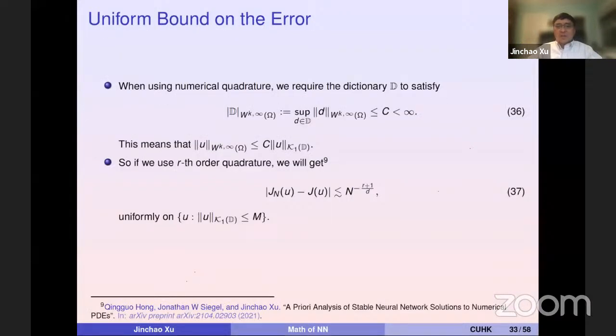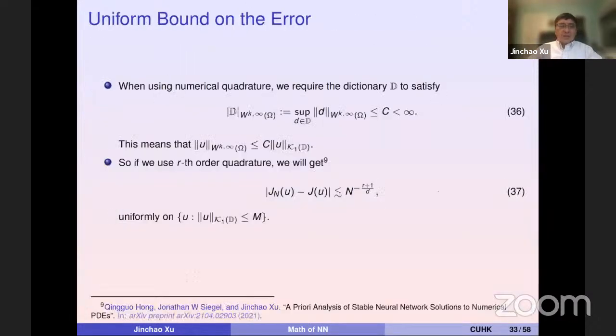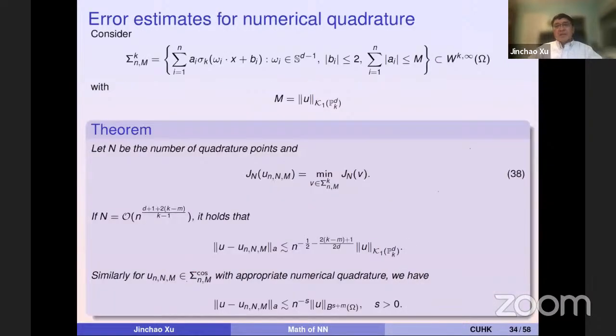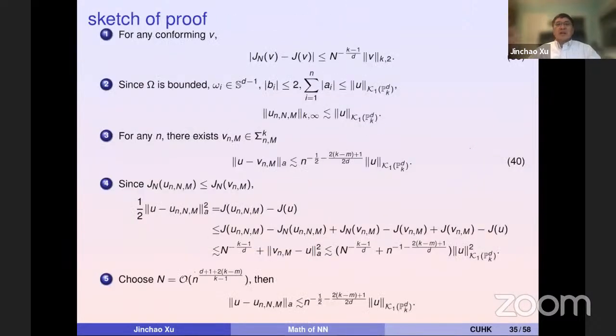I think we submitted it to Math. Comp. or IMA, I believe, and we have all the rigorous analysis there. The first author here is Qingguo Hong, and the second is Jonathan Siegel. They're both my postdocs here at Penn State. So this is for the Gaussian quadrature.